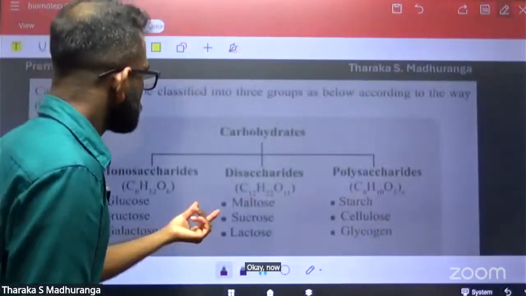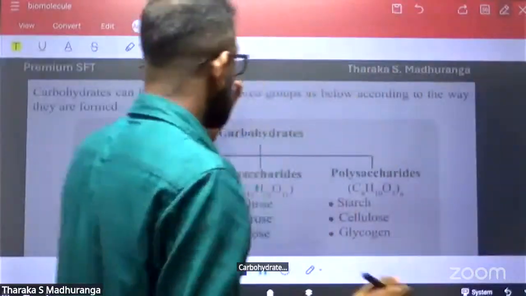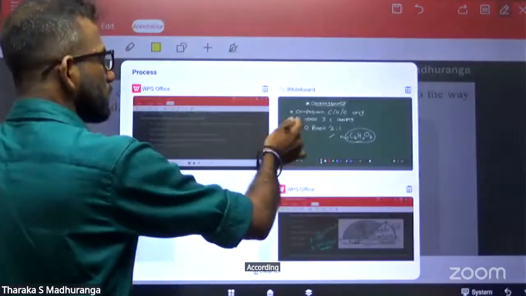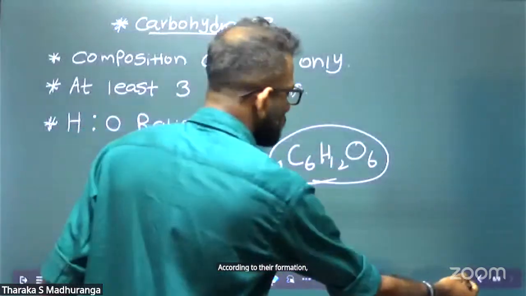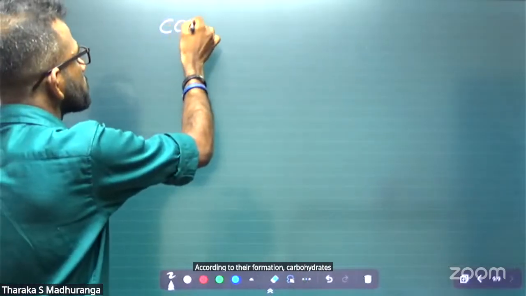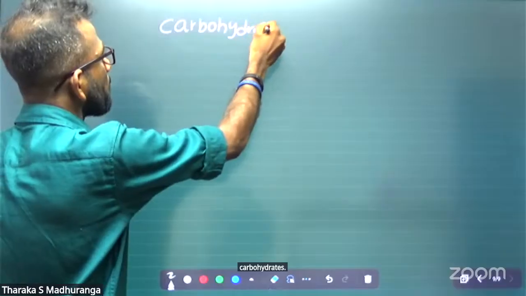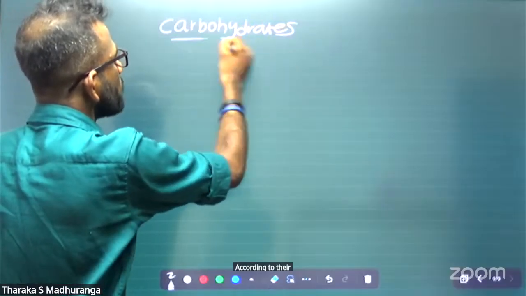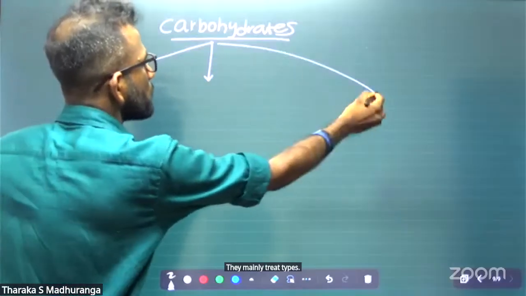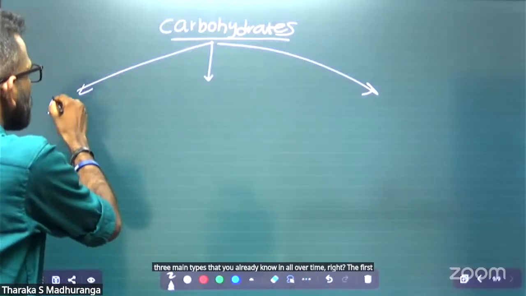Okay, now carbohydrates, according to their formation, mainly have 3 types. These are 3 main types that you already know from O-level time, right? The first one, monosaccharide.